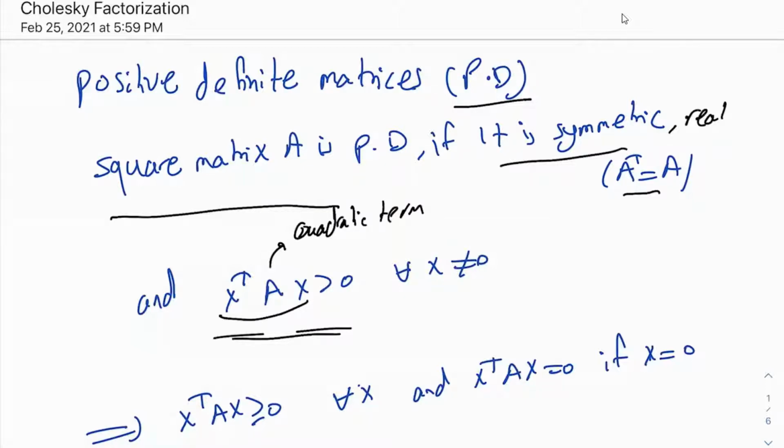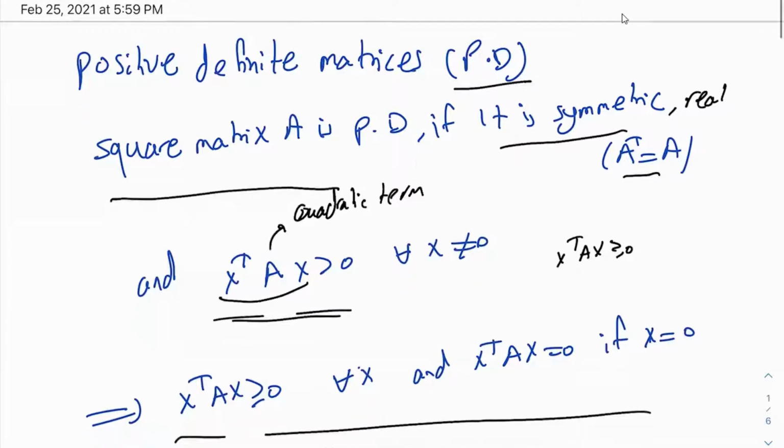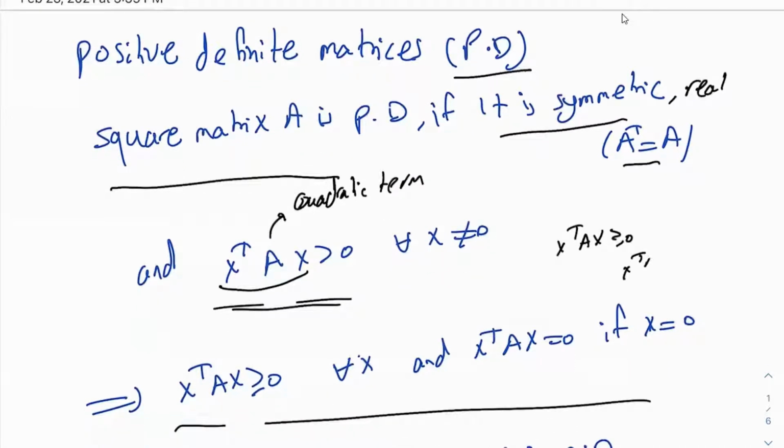Another way to state this is that X transpose AX is greater than or equal to 0, and X transpose AX is equal to 0 if and only if X is equal to 0. So think of it like that: X transpose AX is always greater than 0 for any non-zero vector X, and 0 only happens when X is equal to 0. So that's the definition of positive definite, very important.